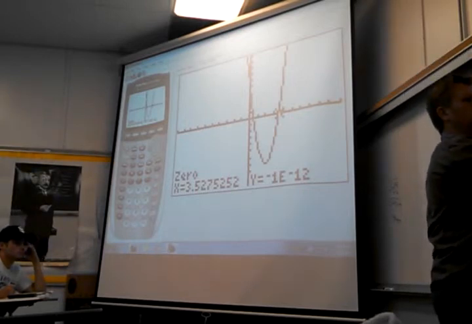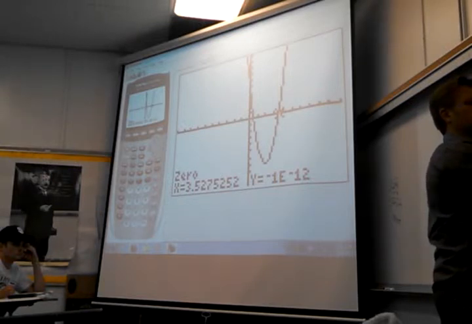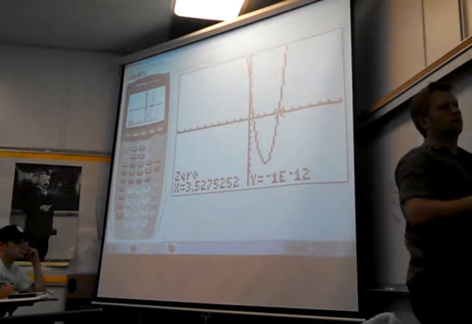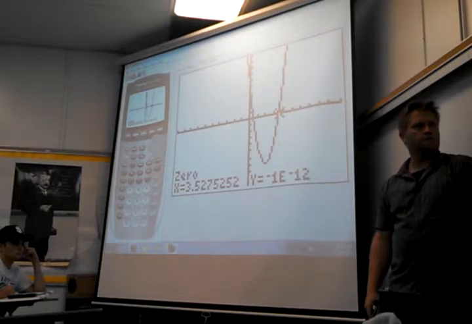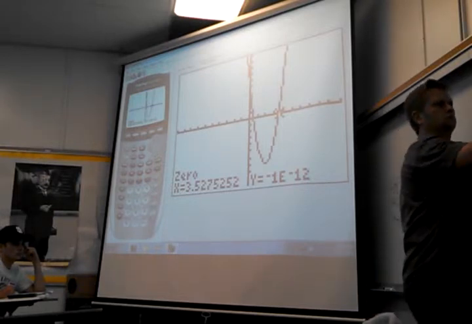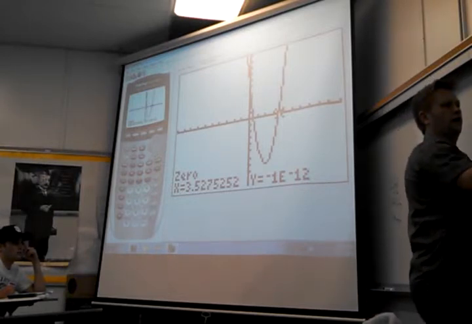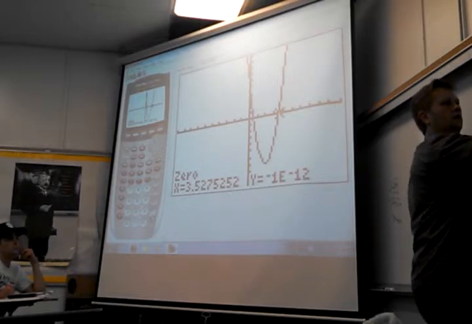If I told you there's a parabola here, and one x-intercept is there, and the vertex is here, can you tell me another x-intercept? -3. Yeah, how do you know? Because it's just 2 over. How far away is that x-intercept? 2.